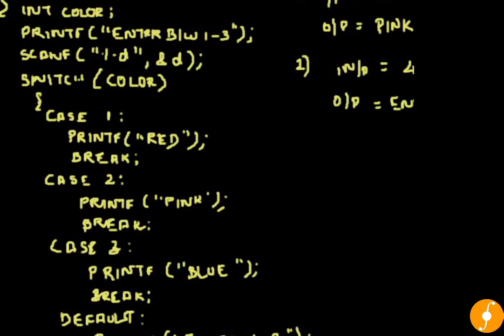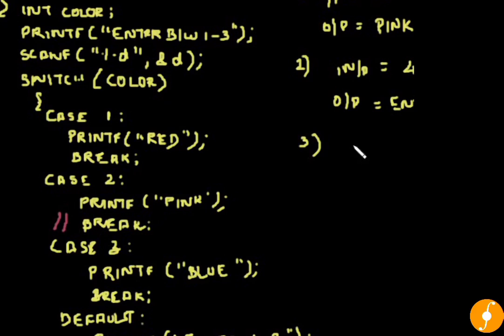Say suppose this break is not there. For example, the same input 2, and this break is not there. Just imagine this break is commented. So what will happen?